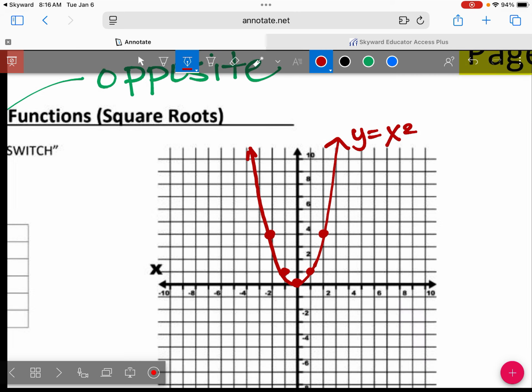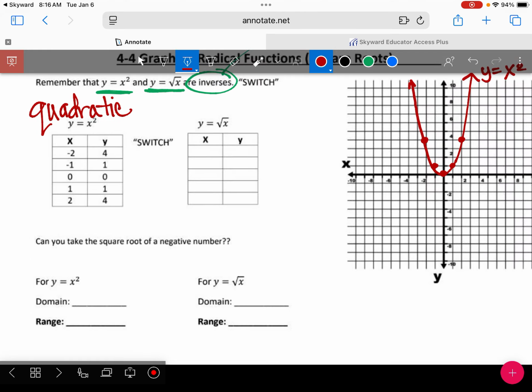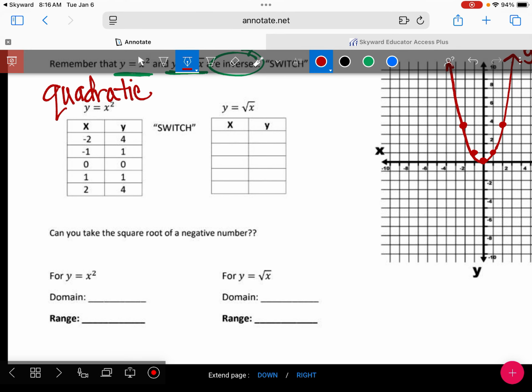And when we look at that function, let's go ahead and fill this in. The domain: notice how in this column, I have positive and negative numbers. Does everyone see that? That column is positive and negative, which means my domain would be all real numbers, which is negative infinity to positive infinity.